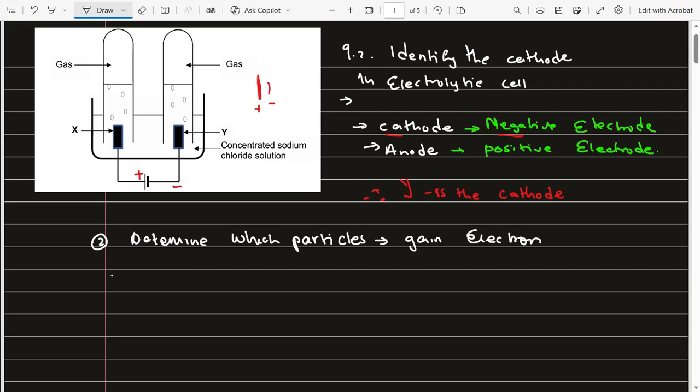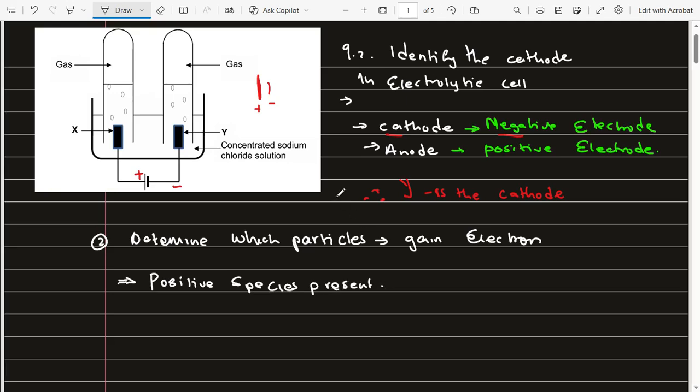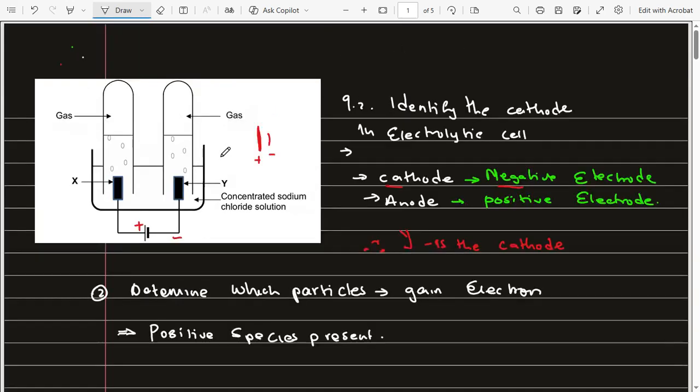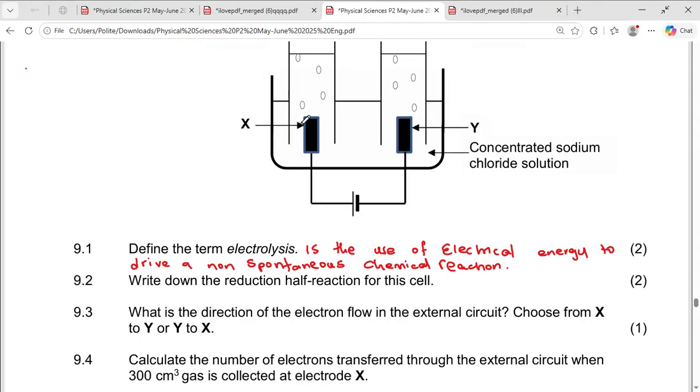When I look at this, I need to look at the positive species that are present. Let me go back to the statement of this question.